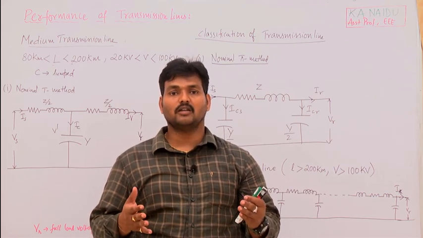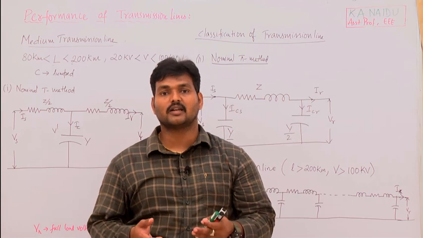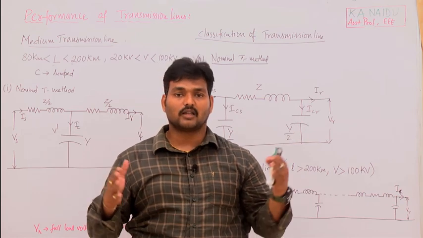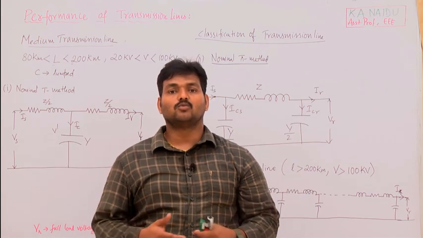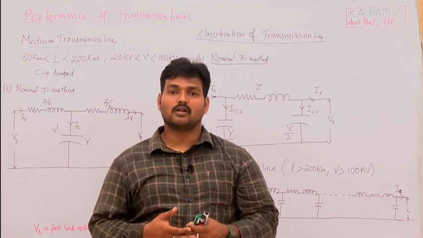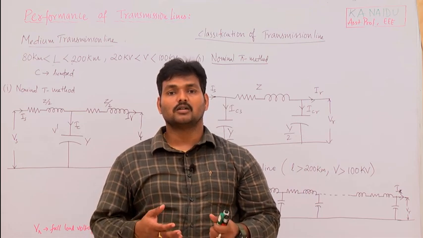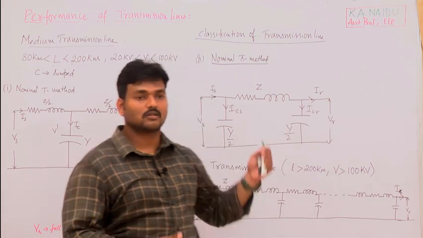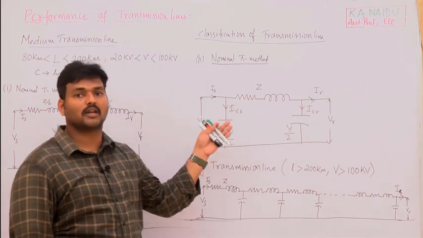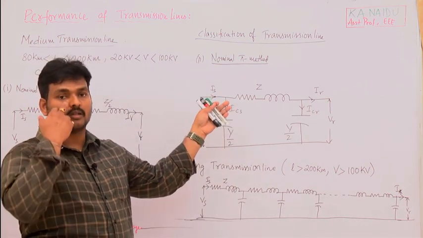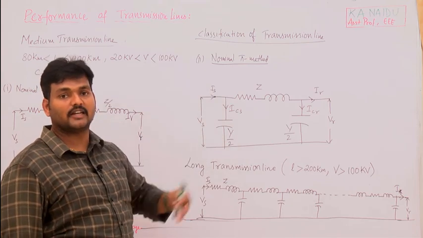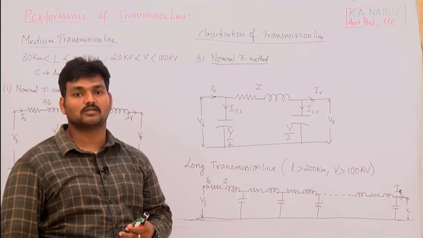A long transmission line where the operating voltage is greater than 100 kV and the length of the transmission line is more than 200 kilometers. So these are the three types of transmission lines. We will analyze these circuits in detail in the coming classes. Thank you.